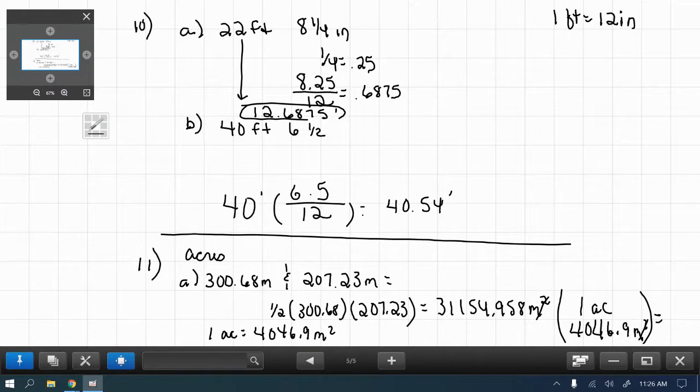So you're just going to divide that now. So what did you get? 7.698. I'm going to write it up here. 7.698 acres.